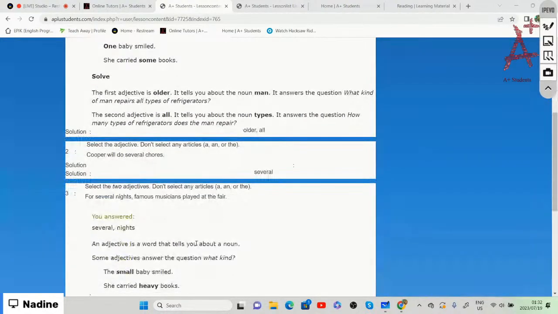We need to select the adjective within the sentence. Cooper will do several chores. We need to choose the correct adjective. And remember, we do not select articles within the sentence.